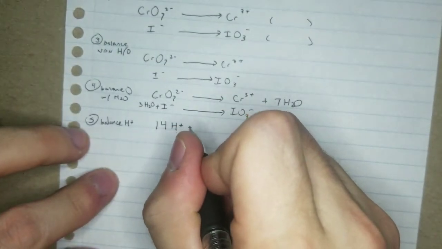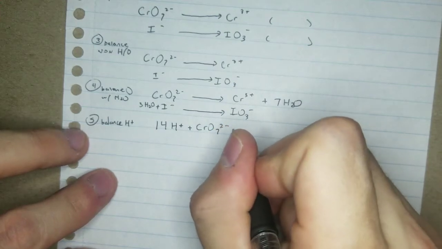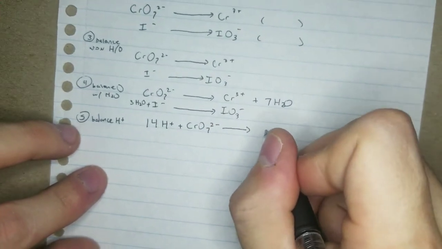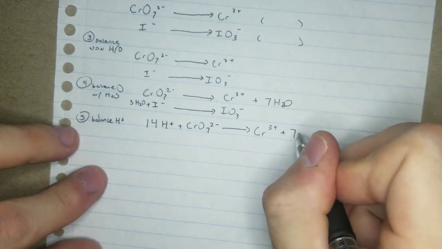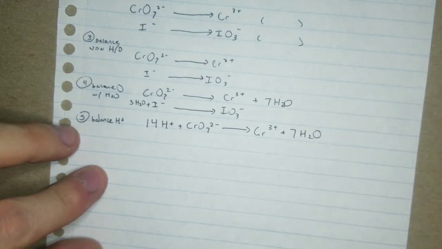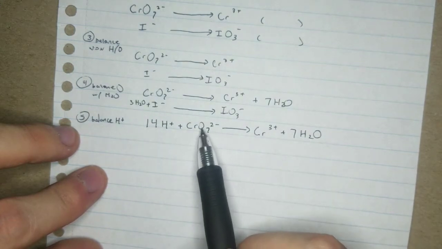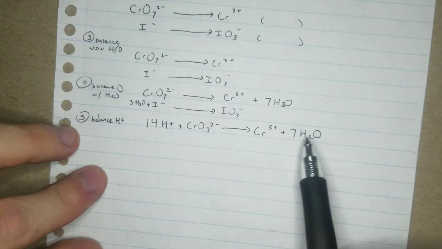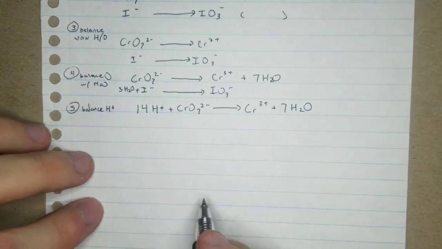So we're going to have 14 hydrogen ions plus the Cr2O7 2 minus yields the Cr3 plus 7 H2O. So quick double check, 14 here, 14 here. We have 7 oxygens here, and then 1 Cr. So we're good to go right now. We're where we should be for that equation.